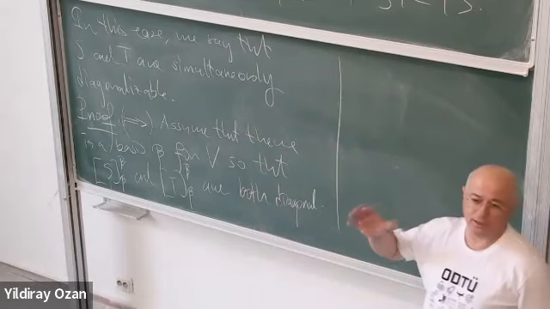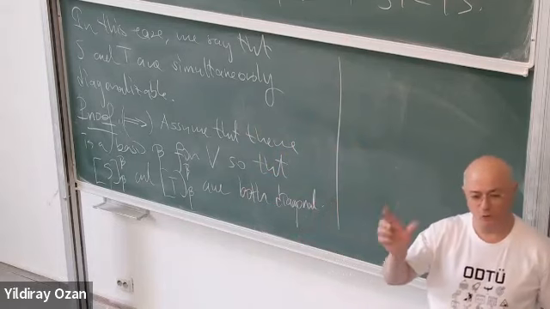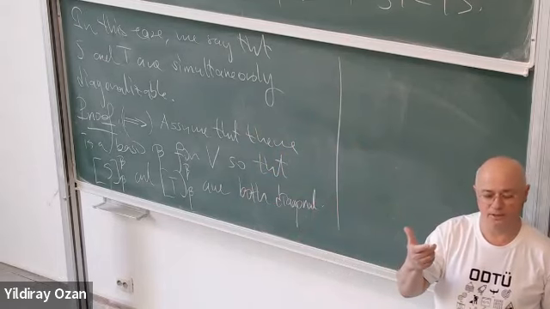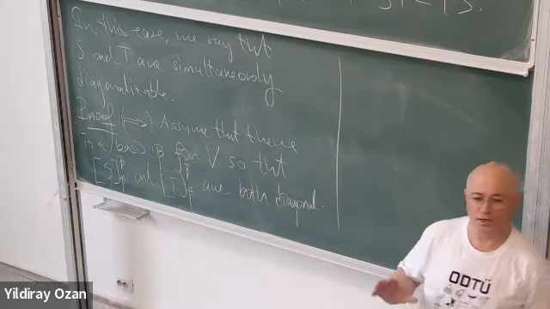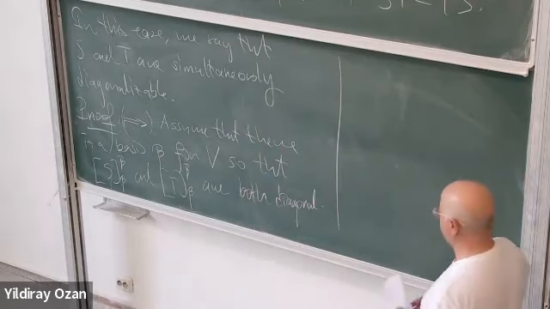What we know about diagonal matrices, of course, if you have two diagonal matrices, then they commute.